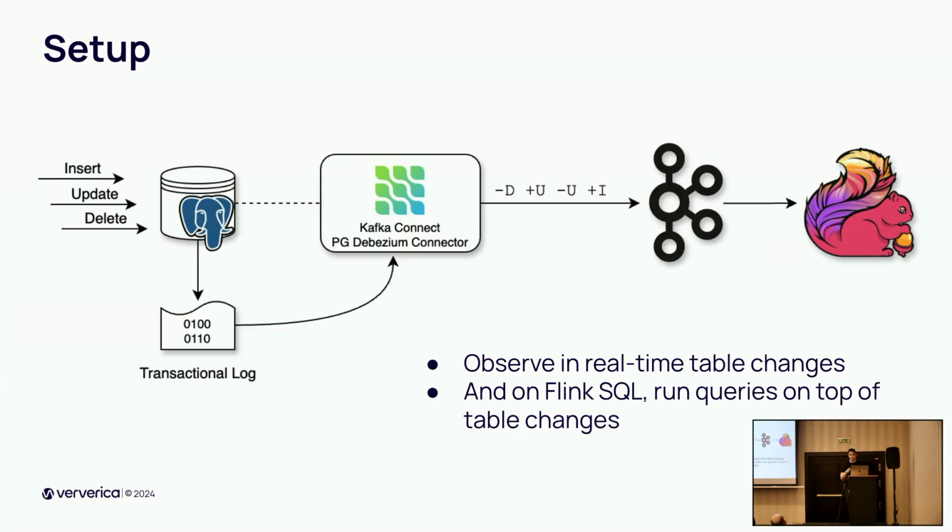For the demo, we will do some updates on a Postgres table, and we will observe with the Kafka consumer all those changes happening to the table. And on Flink SQL, we will run some SQL queries on top of those changes as they arrive in real time.